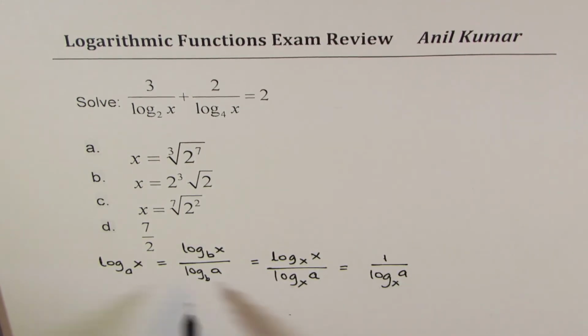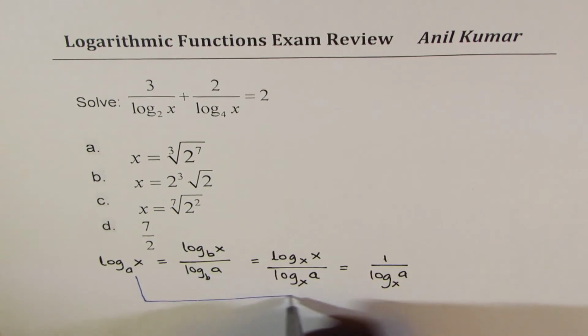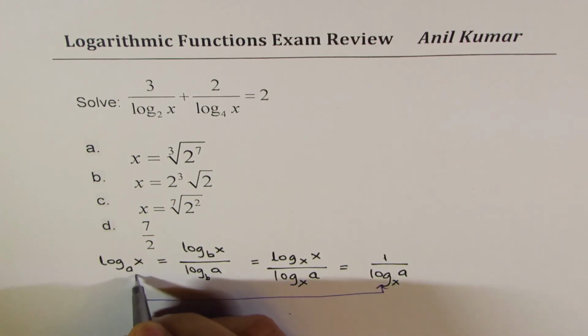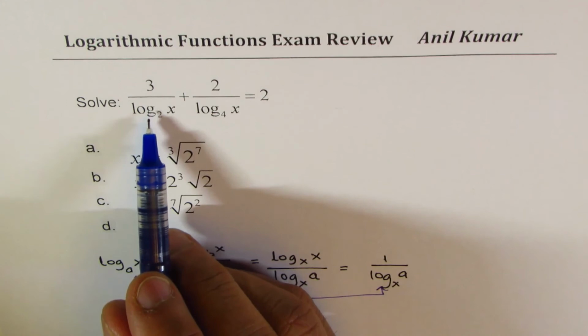So what I've done is written it in kind of reciprocal form. Do you see that? This is a very, very important connection which I hope you know, and it's very important from a test point of view, especially if you are taking AP level calculus or tests like IIT JEE. So we'll use this to solve the given equation.